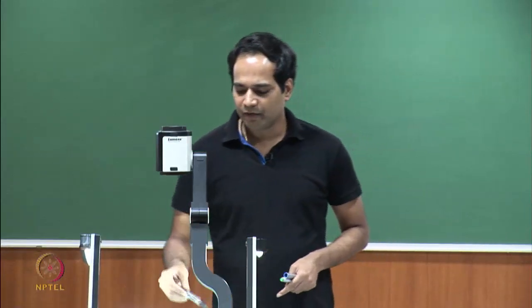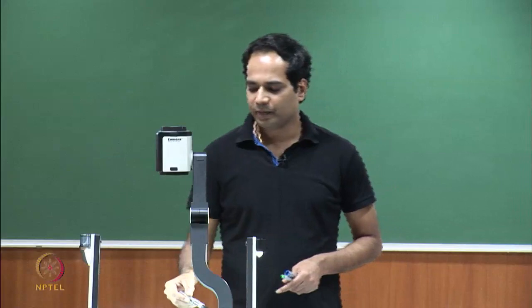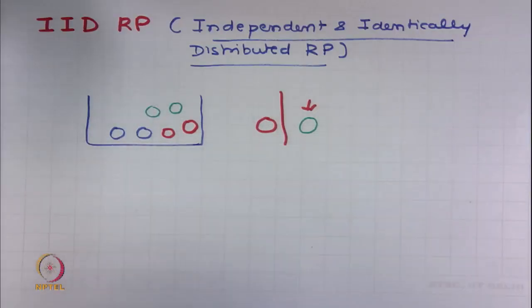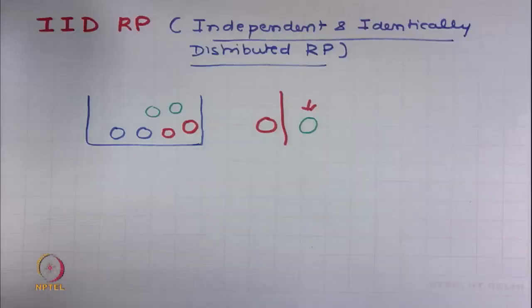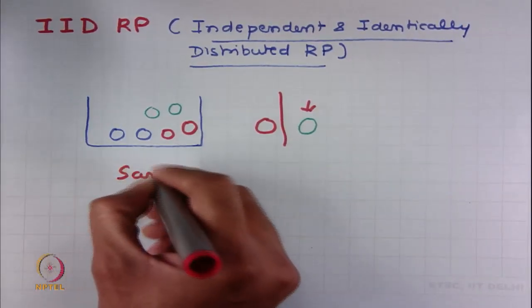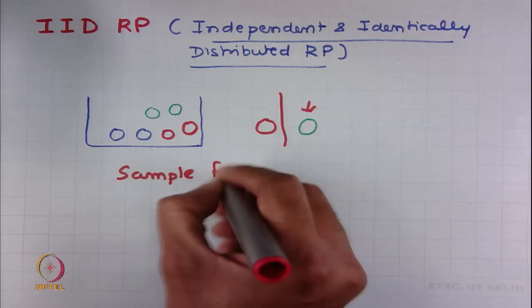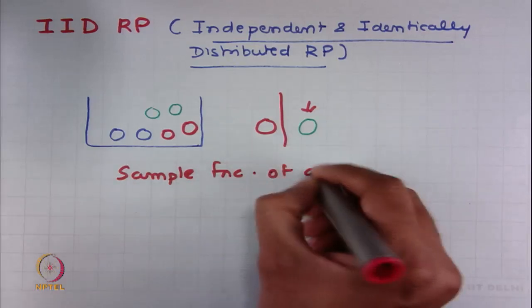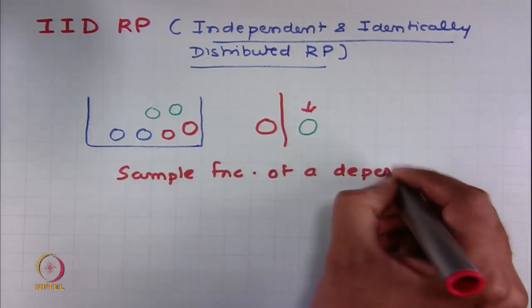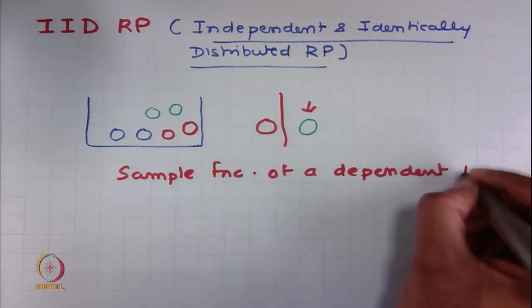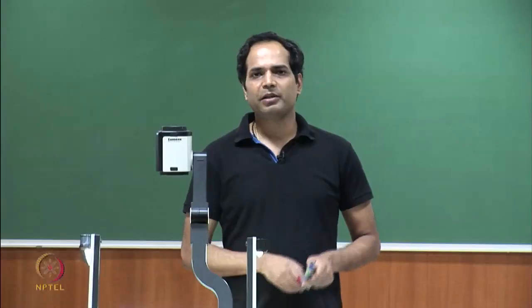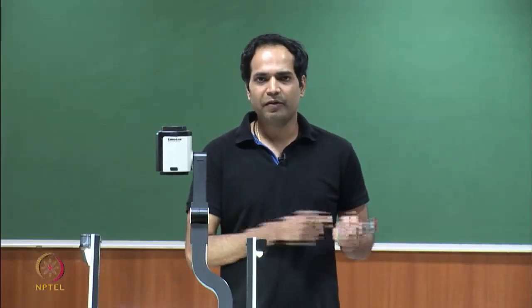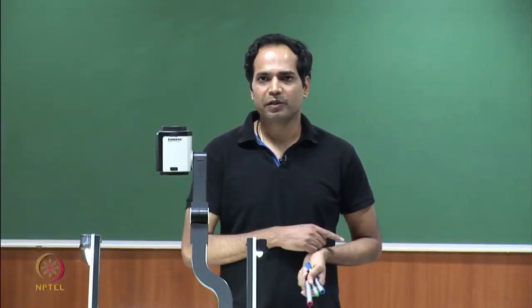And if you envision this process to create a sample function of a random process, you would generate a sample function of a dependent random process. Dependent in the sense that the outcome of the current experiment depends upon the previous outcomes, because every outcome alters the probability mass function.